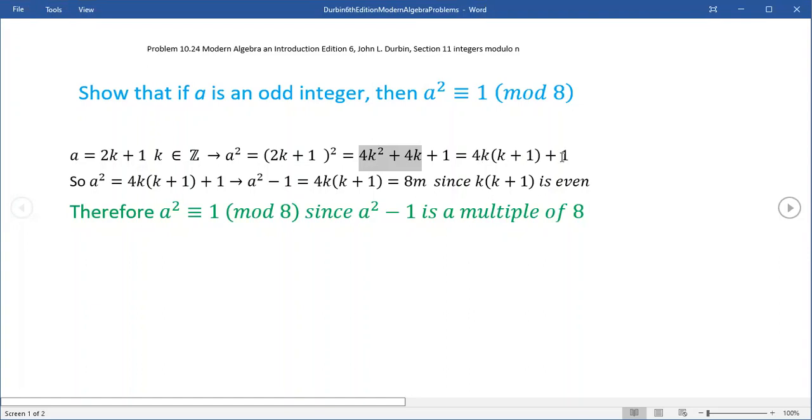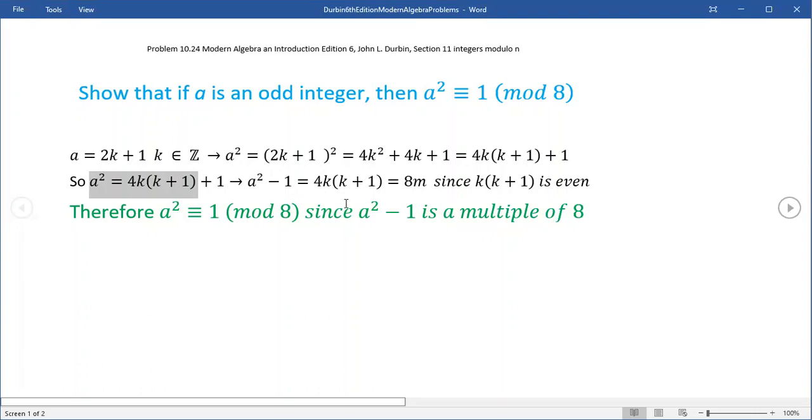So a squared is equal to 4k times k plus 1, plus 1. If you subtract 1 from this expression, you just get 4k times k plus 1.